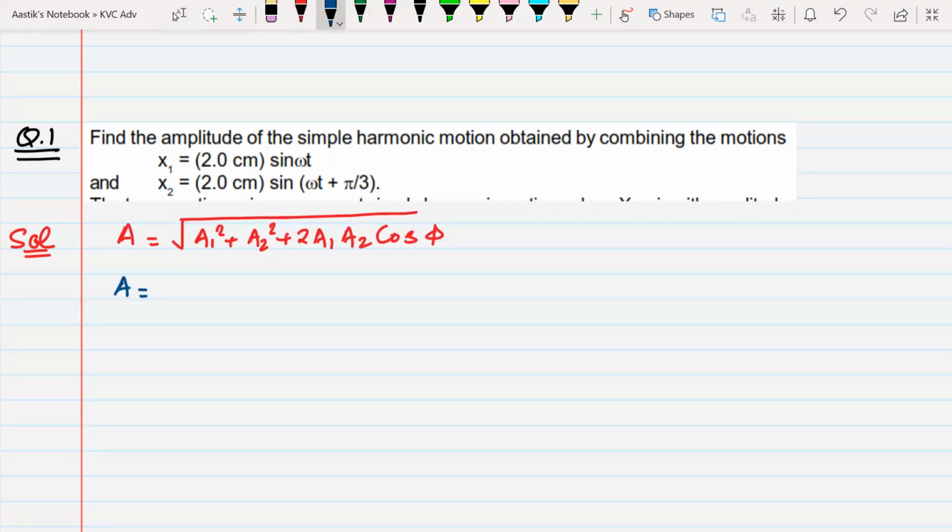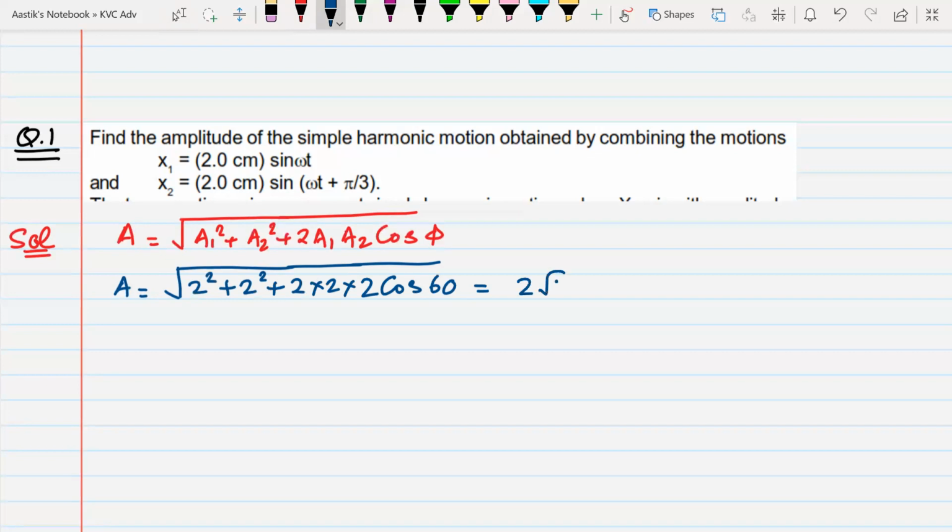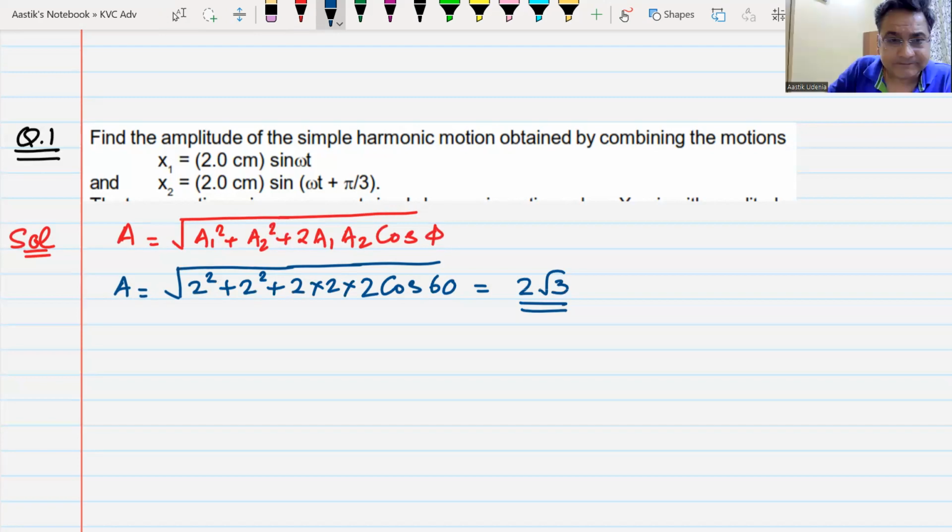Resultant amplitude will be under root of 2 square plus 2 square plus 2 times 2 into 2 cos of 60 degrees. Cos of 60 is 1 by 2. So what are you going to get? 2 times root 3. Do we understand this? Everyone got this answer? Great.